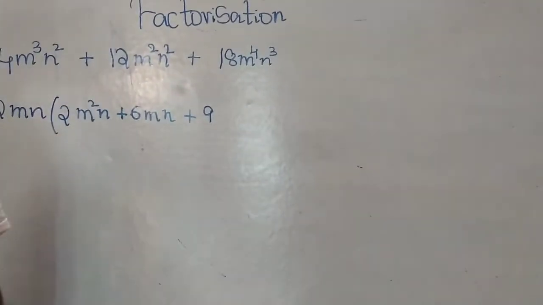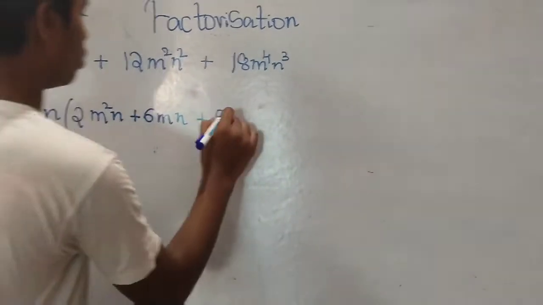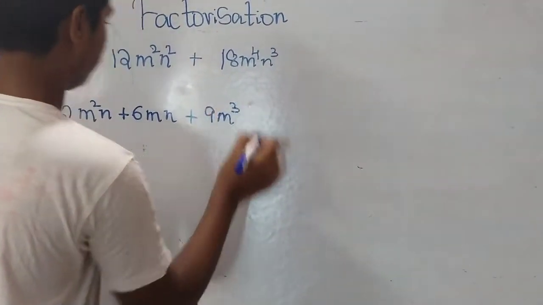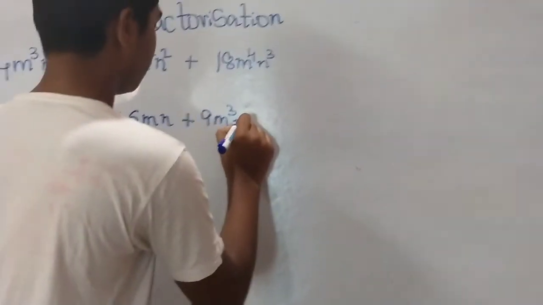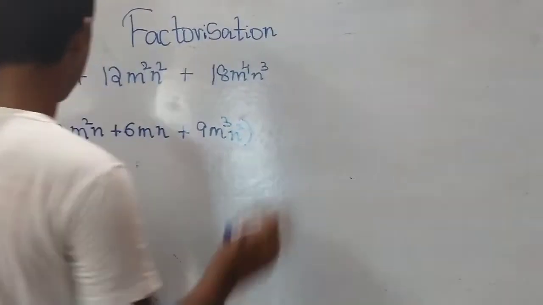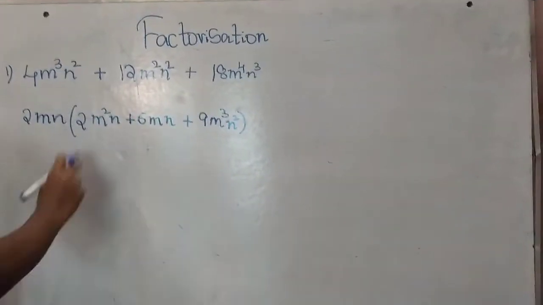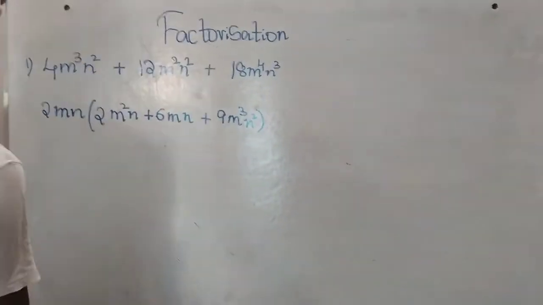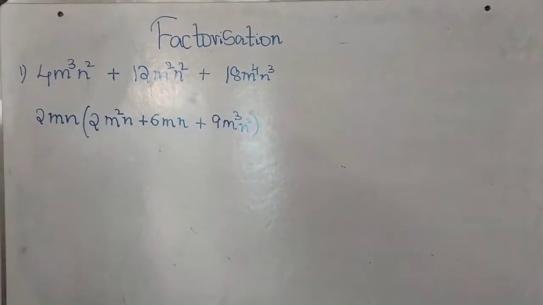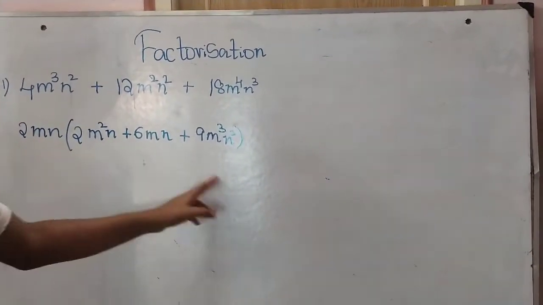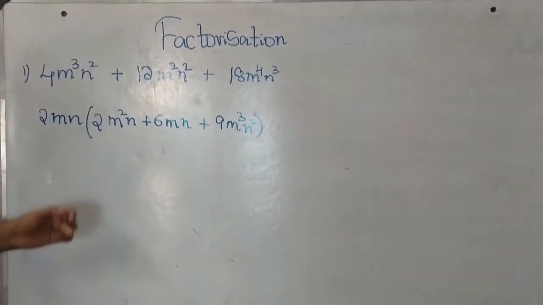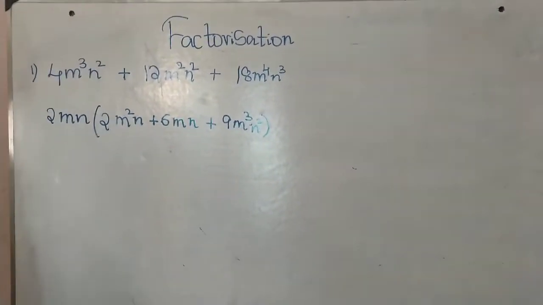Now m into dash gives m power 4 is m cube, n into dash gives n cube means n square. Now in this we want to find the common multiple. There is nothing common among the 3, so we keep it like that only.